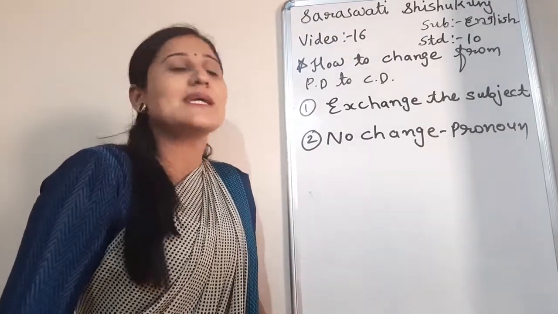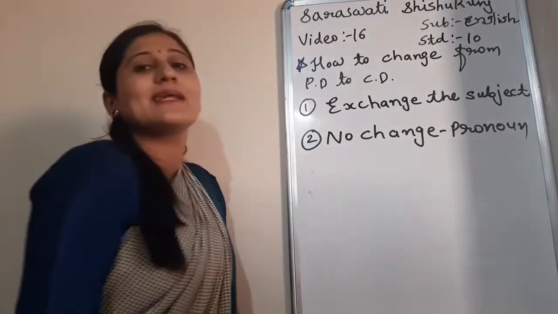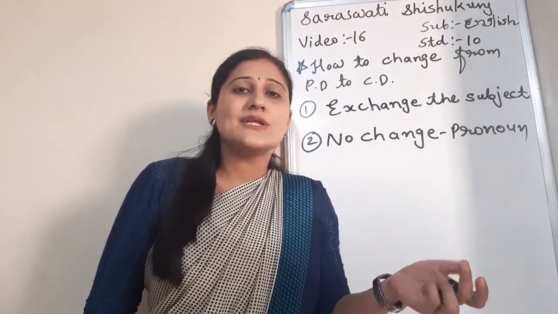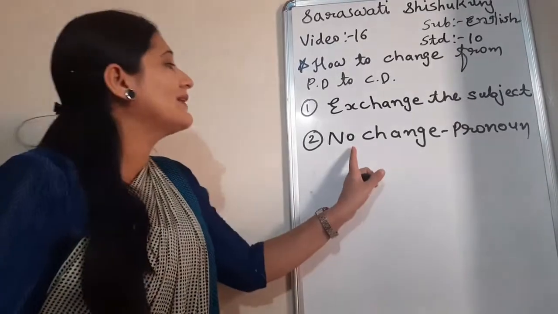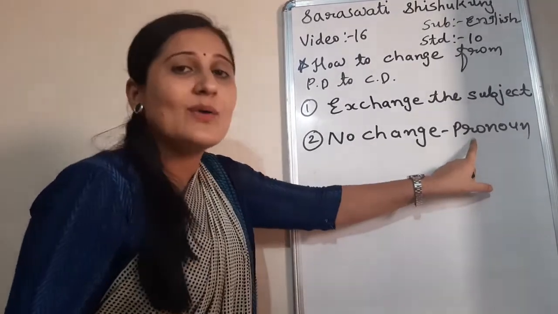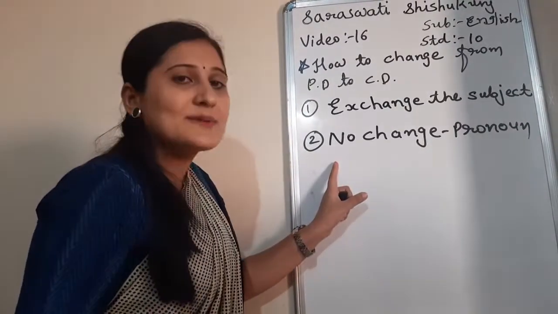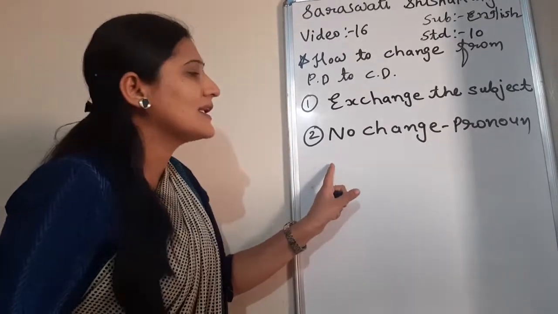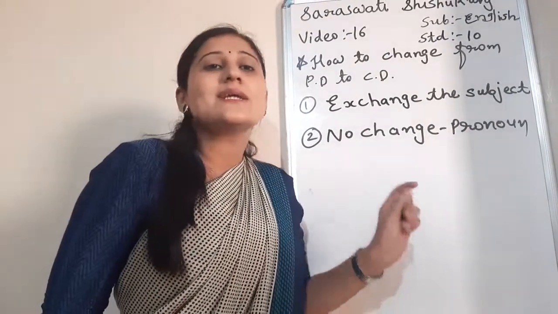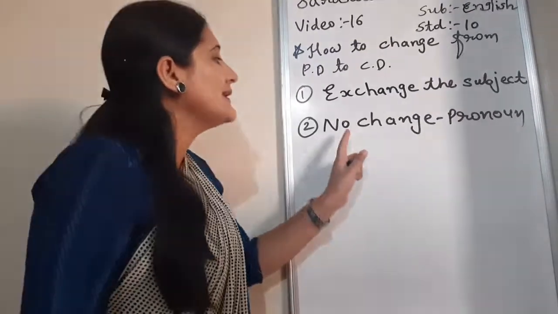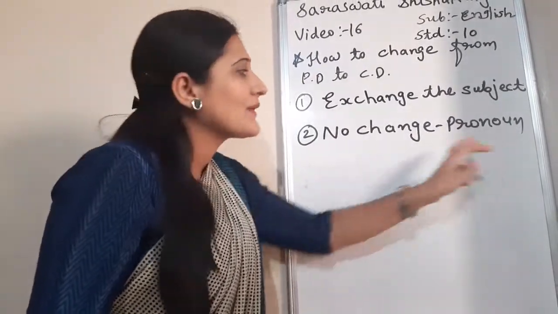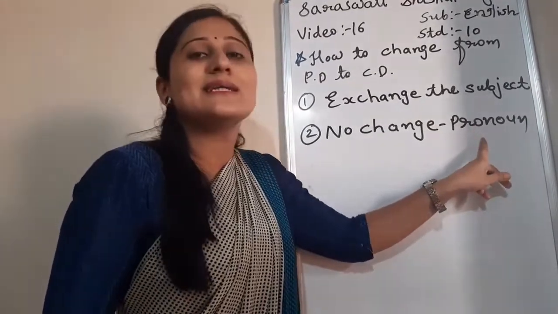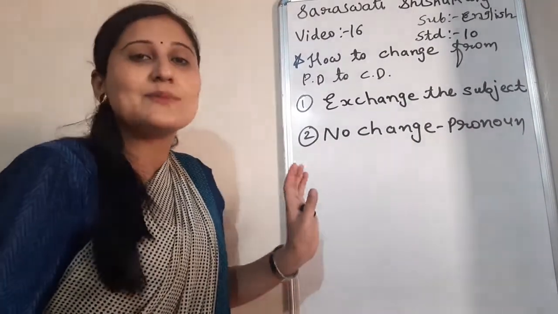You know there are 7 pronouns: I, we, you, they, he, she, it, right? So if pronoun is given in the form of subject, I or she, then no need to change like active passive. It means you will write I then I, she then she.